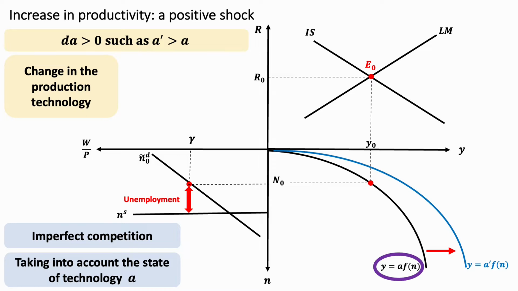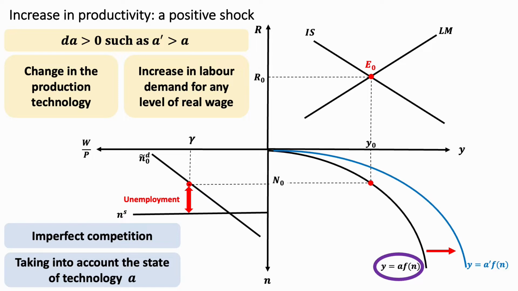Under the new technical constraints, the profit maximization behavior of the firm will lead to an increase in the labor demand for any level of real wage. It makes sense as well. The firm has an incentive to use more of a factor that's become more efficient.